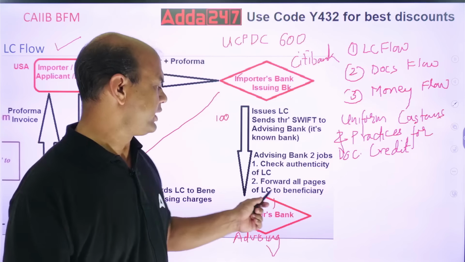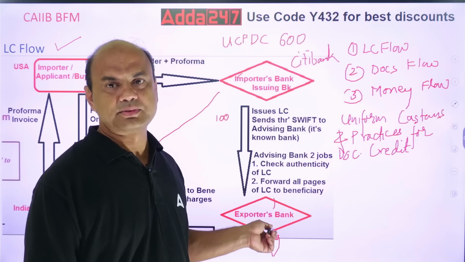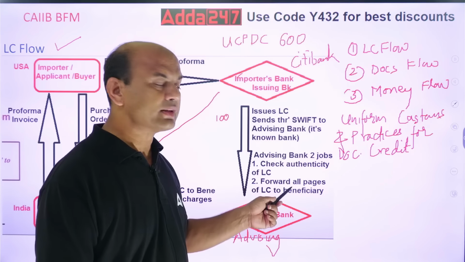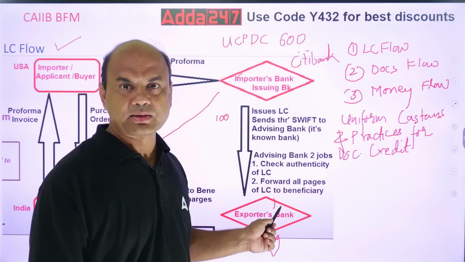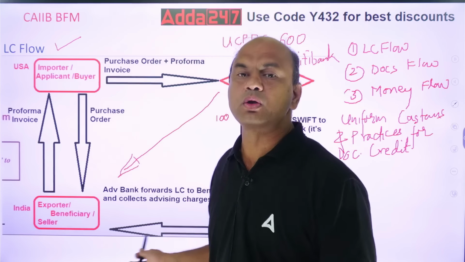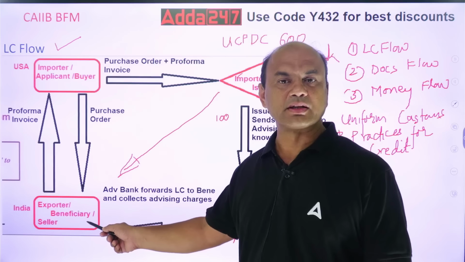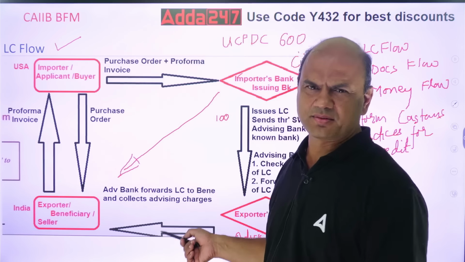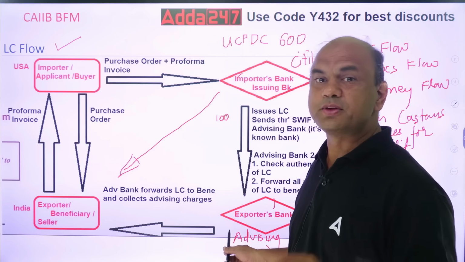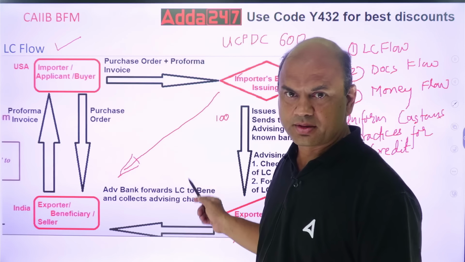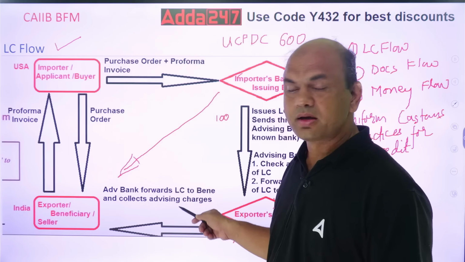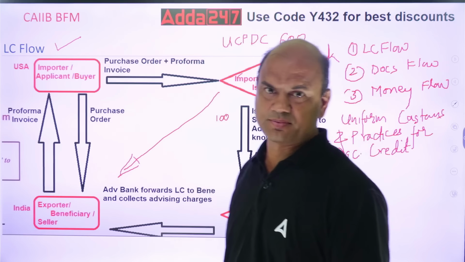So up to that point, the issuing bank and the advising bank will take the printout of this document, which is received through technology, SWIFT. It will then courier it to the seller. Courier, post, anything. Send it physically to the exporter. The bank will take advising charges for this.